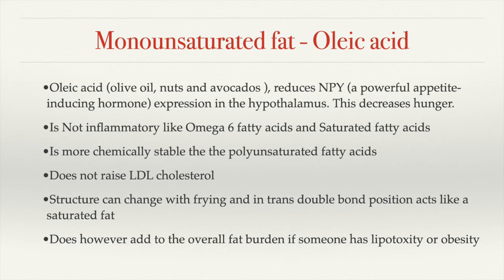Monounsaturated fat, oleic acid, found in olive oil, nuts, avocados, and some other oils, reduces this hormone called NPY, a powerful appetite-inducing hormone expressed in the hypothalamus. This decreases hunger, is not inflammatory like omega-6 fatty acids and saturated fats, is more chemically stable than the polyunsaturated fatty acids, and does not raise LDL cholesterol.